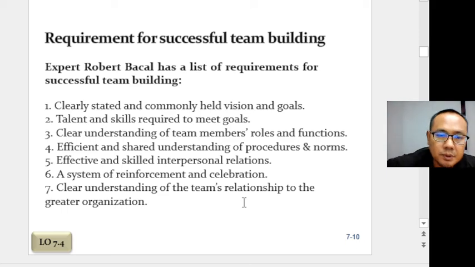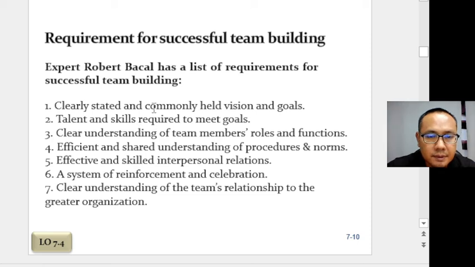So in order for us to develop a very successful team building, of course, we need to make sure a few of these points can be overcome first. Expert Robert Bakal has a list of requirements for successful team building.